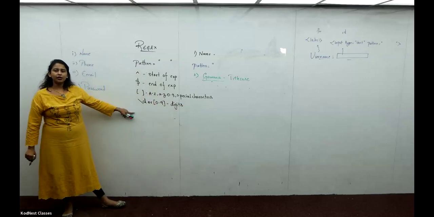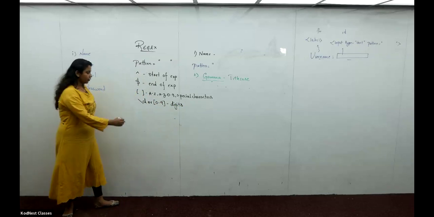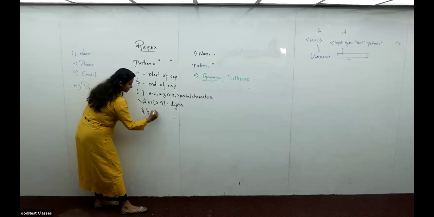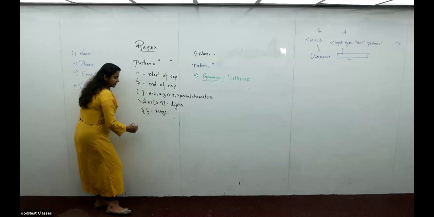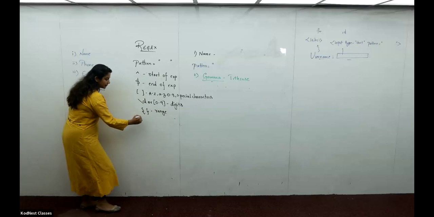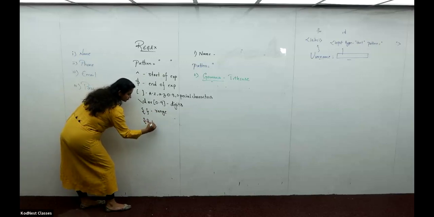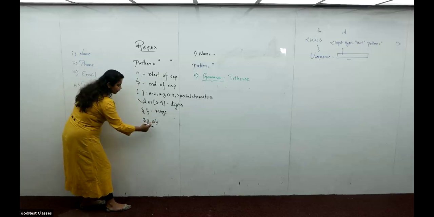Apart from this, what if I need to specify a range? You need to specify the range inside the flower brackets. In range, we can specify three types of ranges. What are the three types? Minimum range and maximum range.